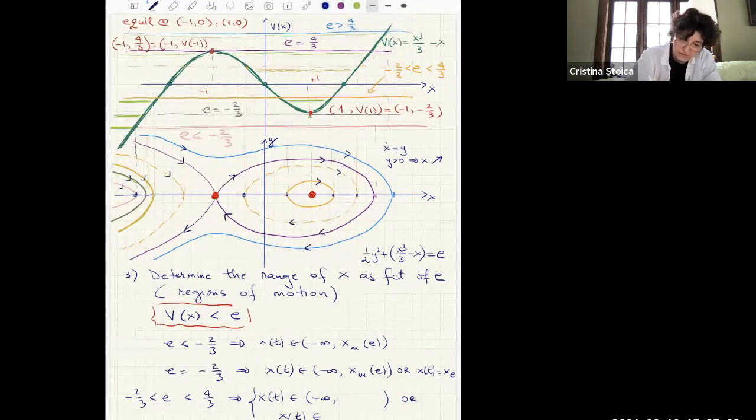So I can do a color code and say x e of E. Not x0, let's call it x0. And this was the xm of E, and here is xm of E, and here is xm of E, and this would be x naught of E. You see what I mean?